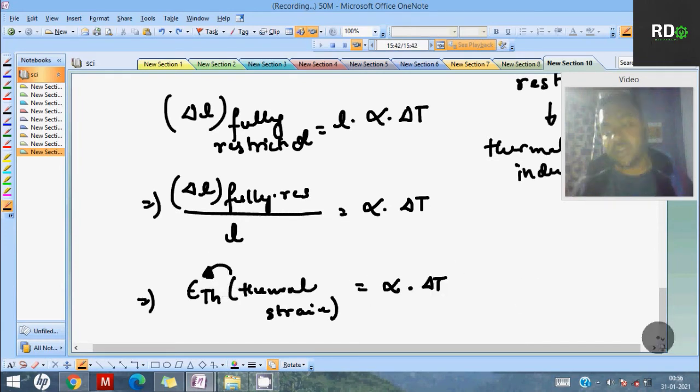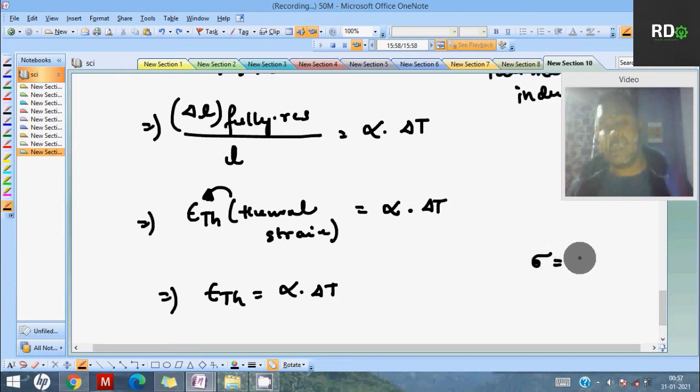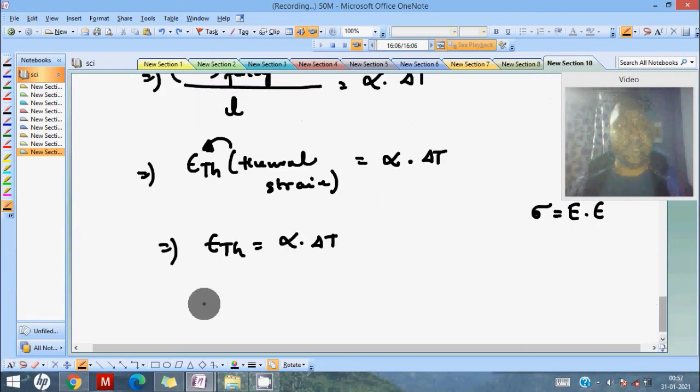So what you have got is epsilon TH equal to alpha into delta T. And from Hooke's law, stress is directly proportional to strain, and E comes out as the proportionality constant. So if you multiply Young's modulus with your strain, it will give you the particular stress.